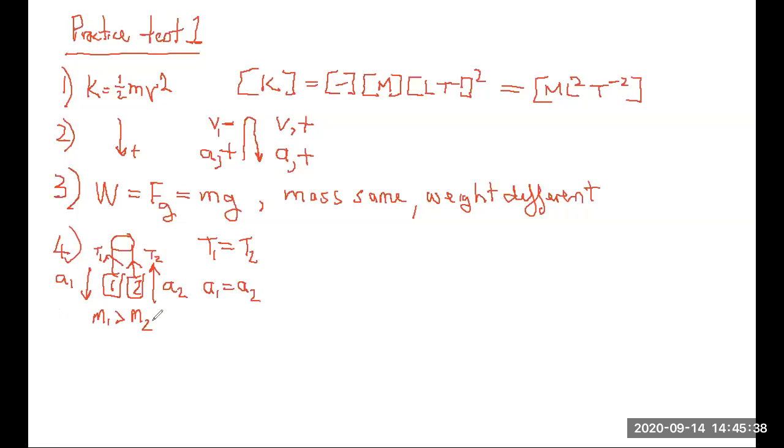And the way to understand that is because it's a single string that's transmitting the tension, and it's a single string to which the 2 masses are attached. And so the tension is the same tension that's transmitted through the string.